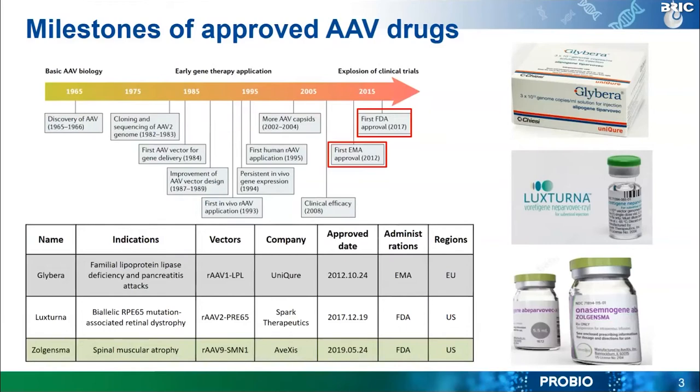The first AAV gene therapy drug, Glybera, was approved by the EMA to treat lipoprotein lipase deficiency in 2012. And the first AAV gene therapy product licensed in the United States, Luxturna, followed 5 years later. And now, a large number of gene therapy products delivered by AAV have been developed and bring hope to the next generation therapeutics.